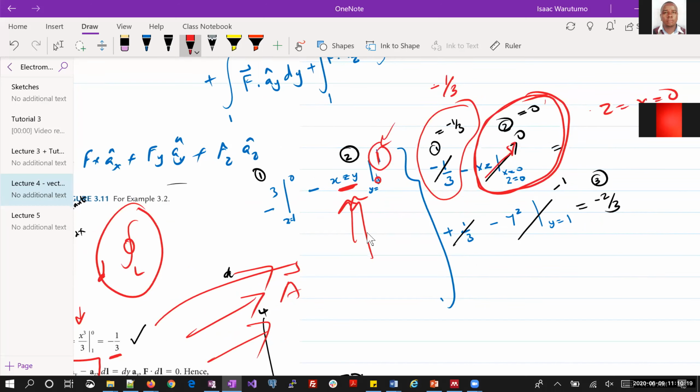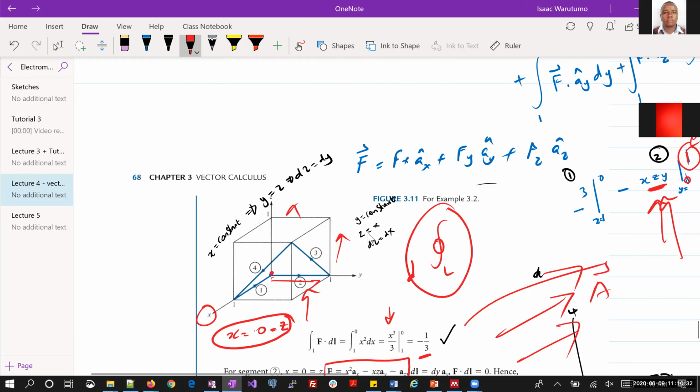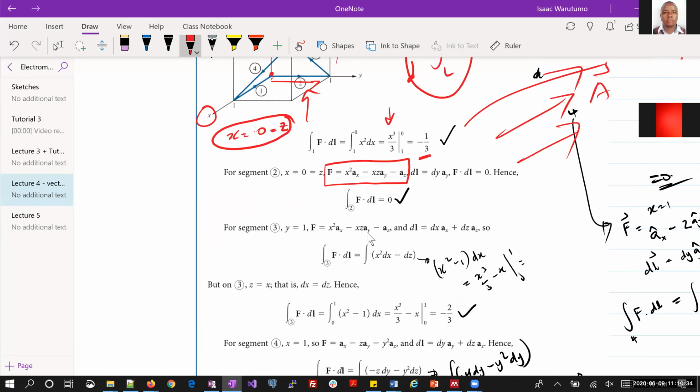So the integral term for the first path is minus 1 over 3, and the second path gives you 0. Here I just followed a different method, my own method.